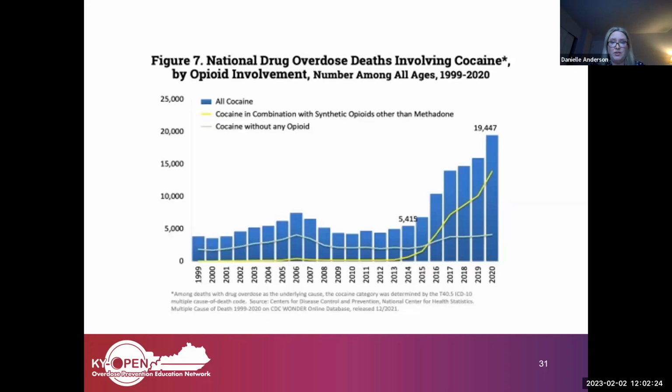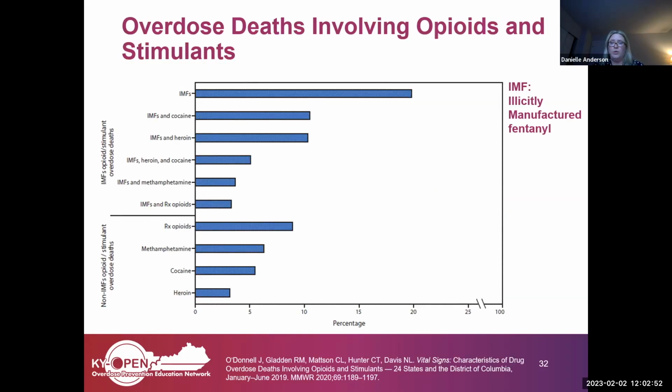And here's another similar chart talking about cocaine overdose deaths. We see the yellow line there is cocaine in combination with synthetic opioids, typically fentanyl, which really took off in 2016. So this is a growing problem that we've got to address in our communities. So we know from the last several slides that stimulant use saw an increase in 2019.